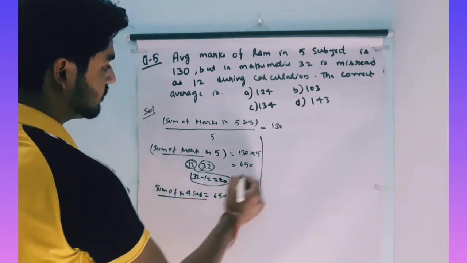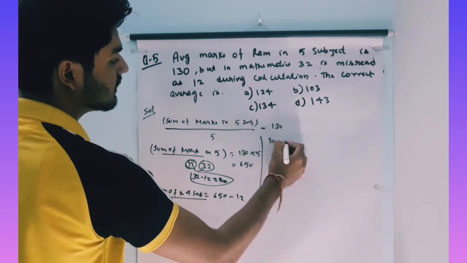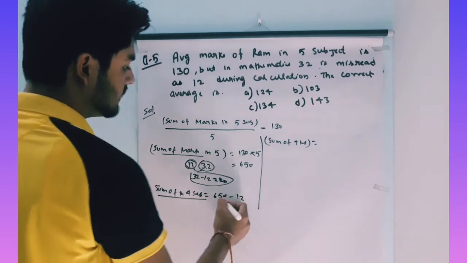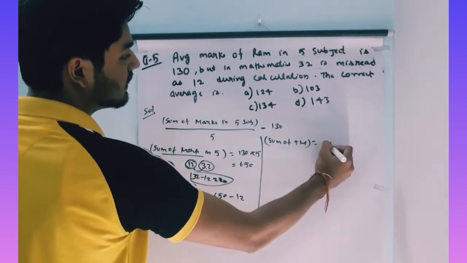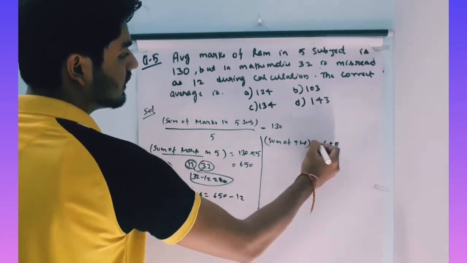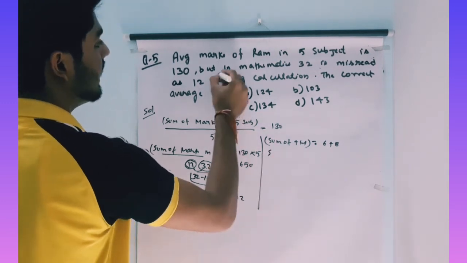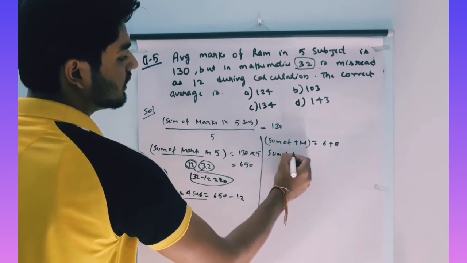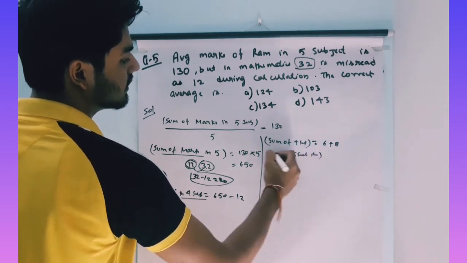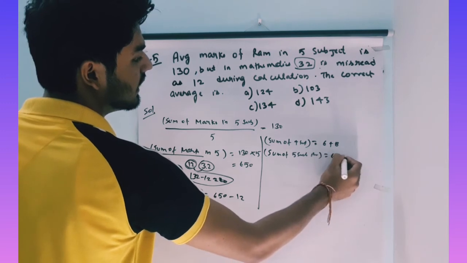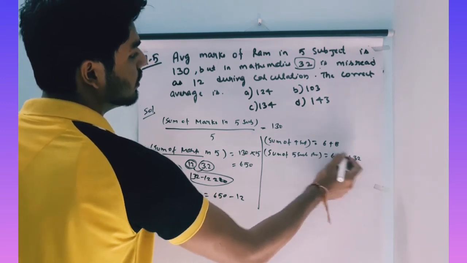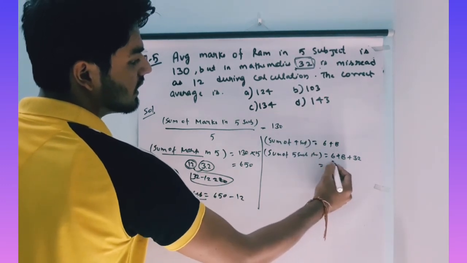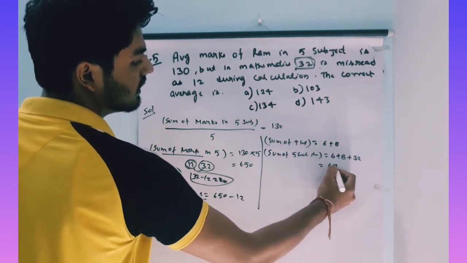Now the actual marks is 32. So the sum of 5 subject marks is equal to 648 plus 32, which is the correct marks in mathematics. We get the sum of marks as 670.